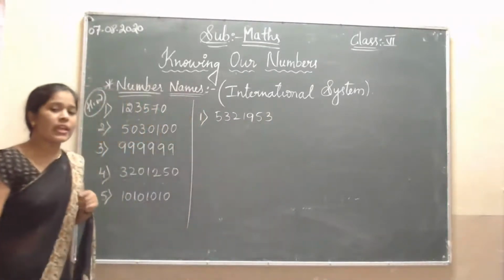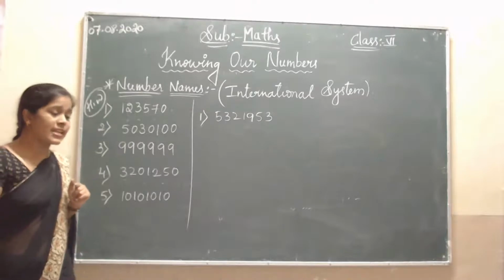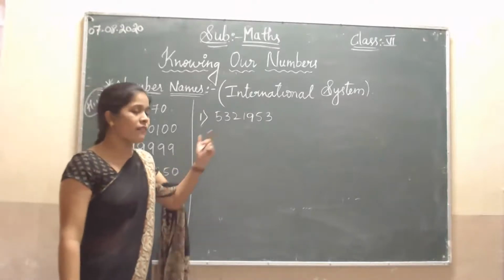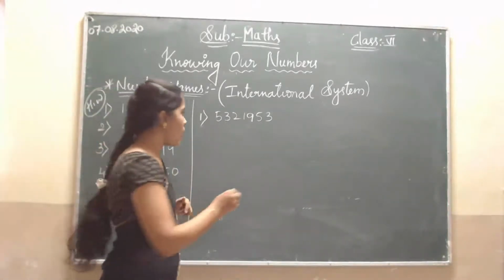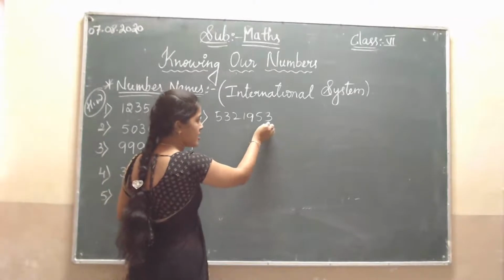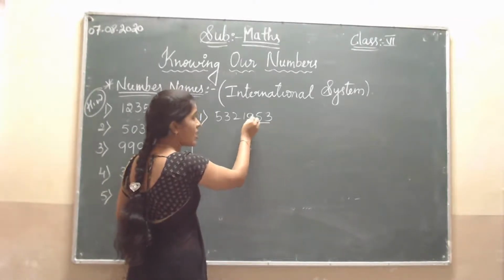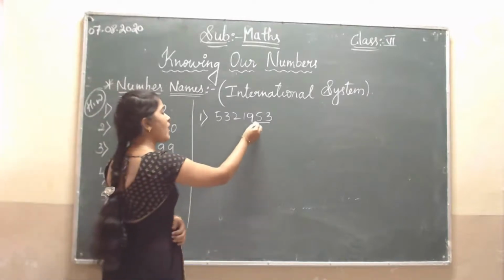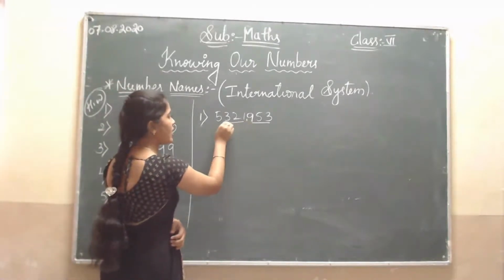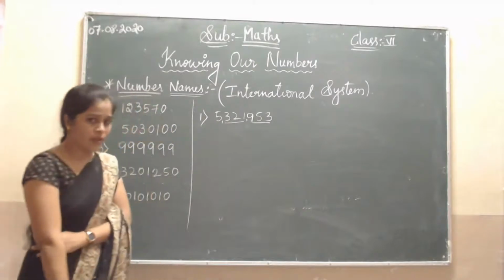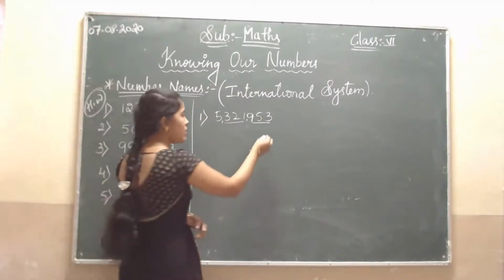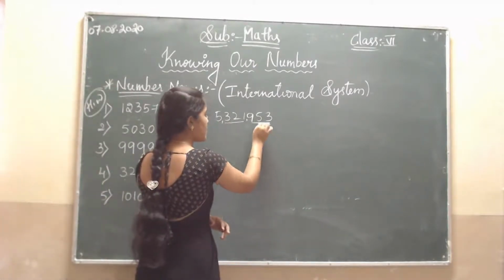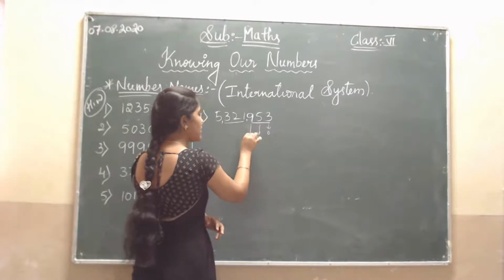See here. In the international system, first, what I said to you, if a number is given to you, first put commas. In the international system, dear students, remember we are writing in the international system. So in the international system, after three numbers a comma, after three numbers, remaining one.